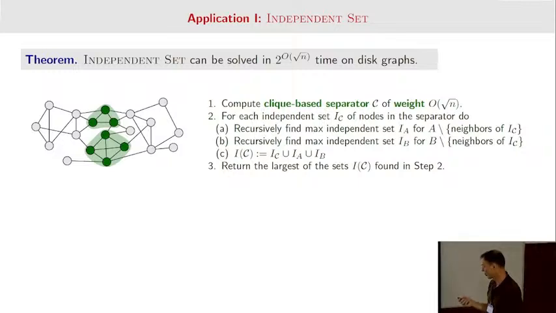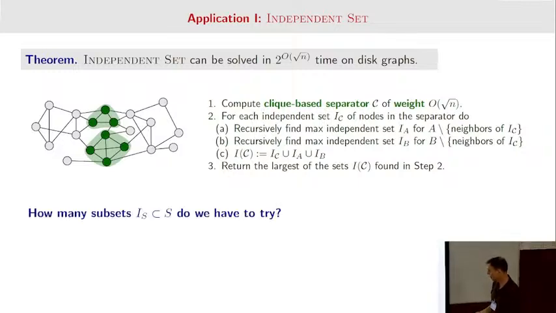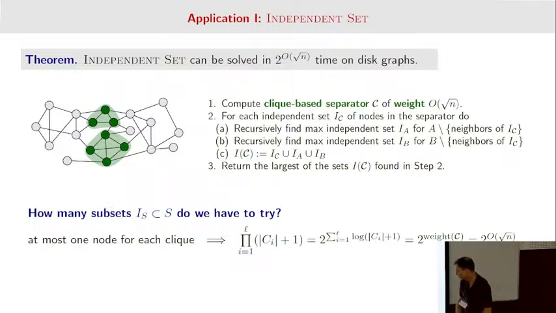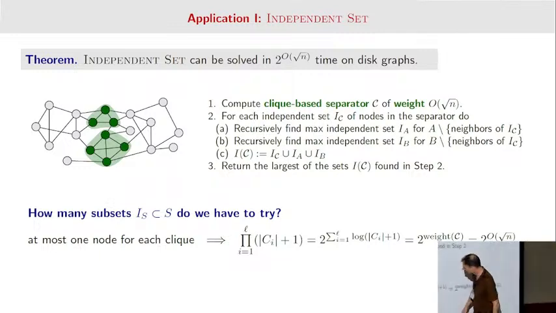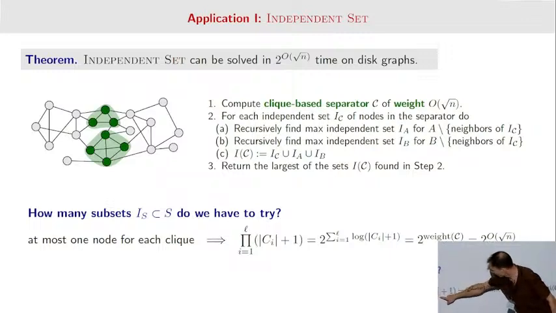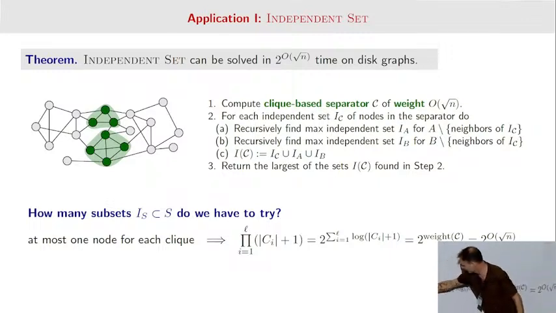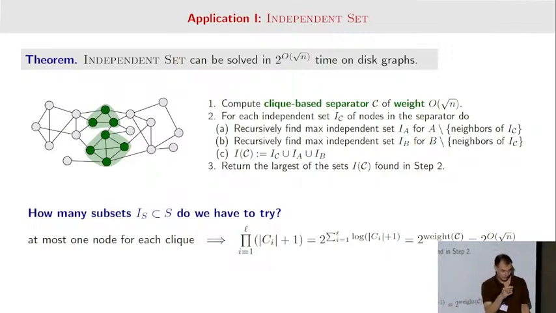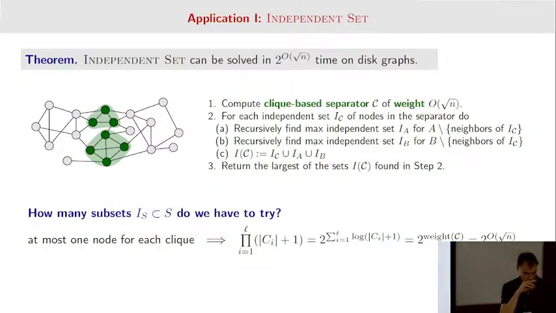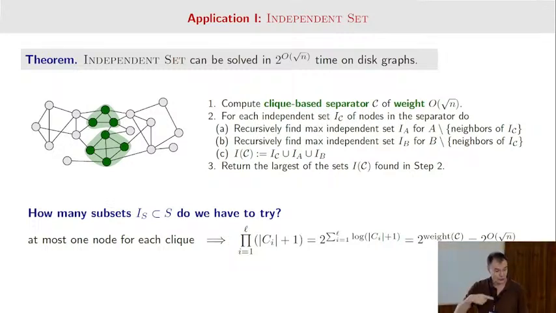If you now do the computations, it's pretty easy. What's the number of subsets we have to try? At most one node for each clique. So it's the product of the size of the clique plus 1. It depends which node you take from the clique, so I have to try all of them.